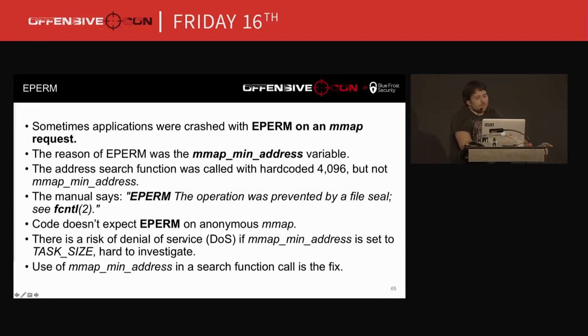The error was because the Linux kernel, when calling the function for searching an address, doesn't use this variable and uses just a hard-coded value, like page size only. So if we choose a value less than mmap_min_addr, we get a permissions failure.